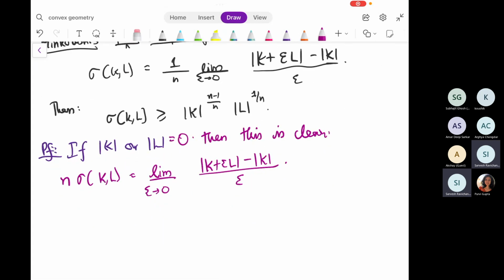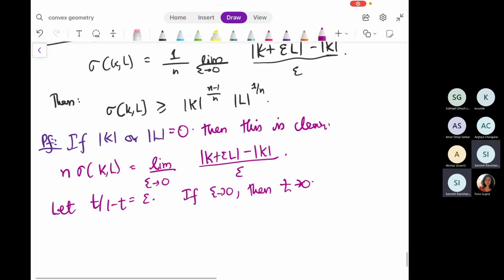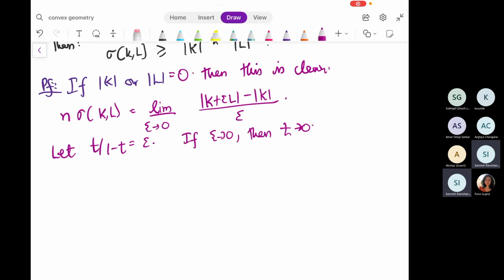We will let a particular variable t be such that t by 1 minus t is equal to epsilon. This re-indexing is done in such a manner that if epsilon goes to 0, then t also goes to 0. The advantage of this is that you can apply Brunn Minkowski with this t, whereas you couldn't do it with the original epsilon. But once you substitute it, you get the following.